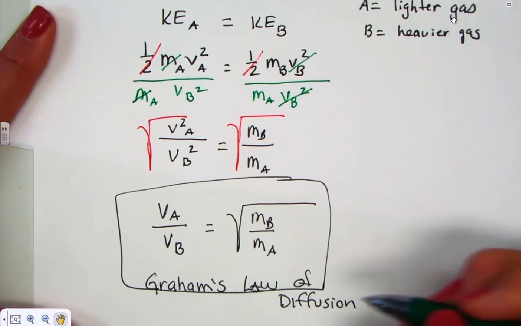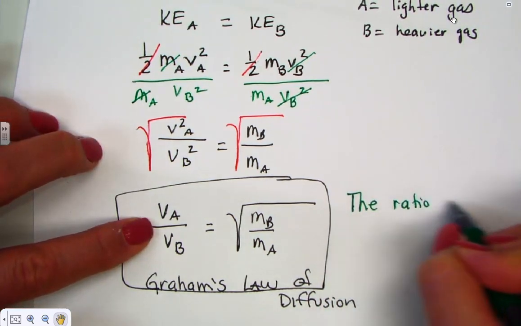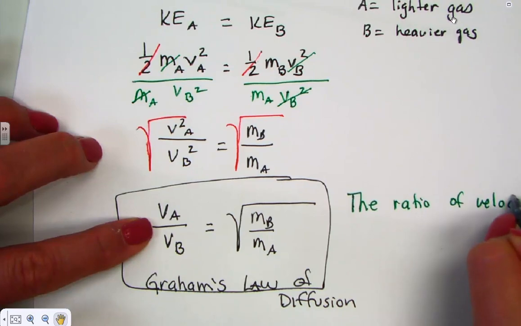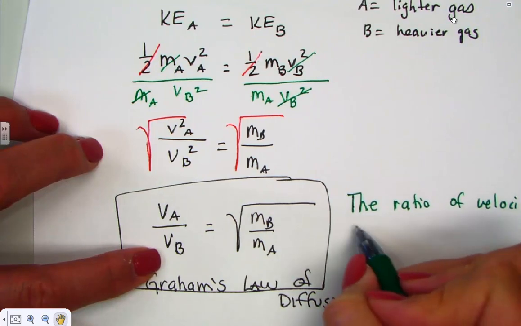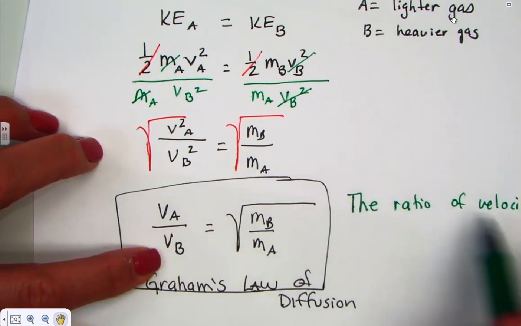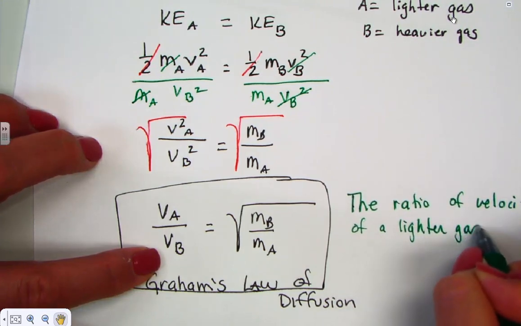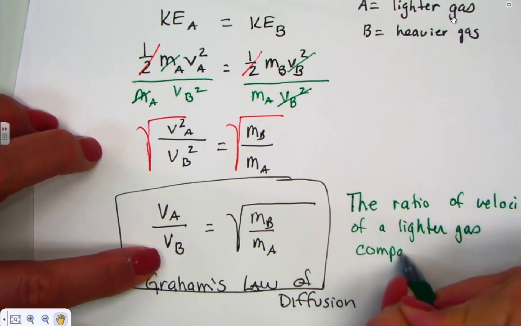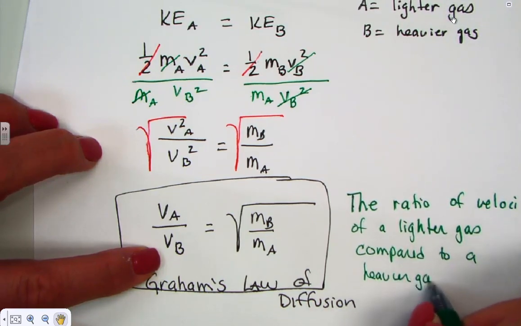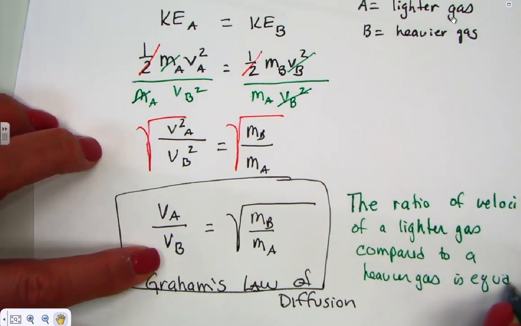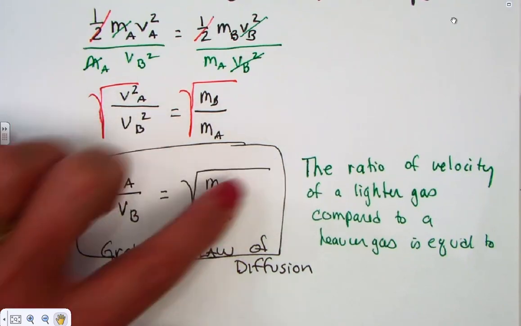Now keep in mind what we've just said. The ratio of velocity, that means we're taking a fraction, aren't we, of the lighter gas A compared to the heavier gas B. The ratio of velocity of a lighter gas compared to a heavier gas is equal to the square root, see that?